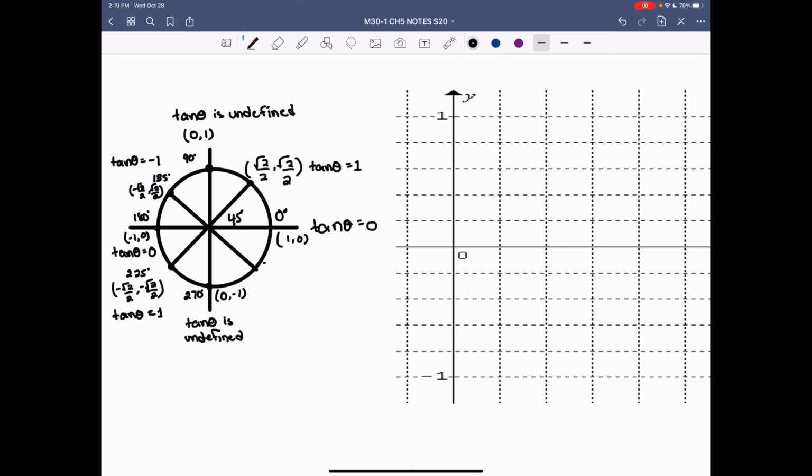And then at 315 degrees, we have the point (root 2 over 2, negative root 2 over 2), which gives us tan theta is negative 1.